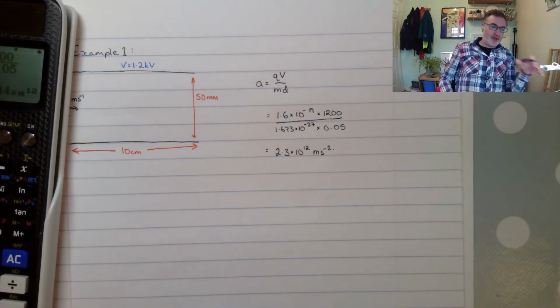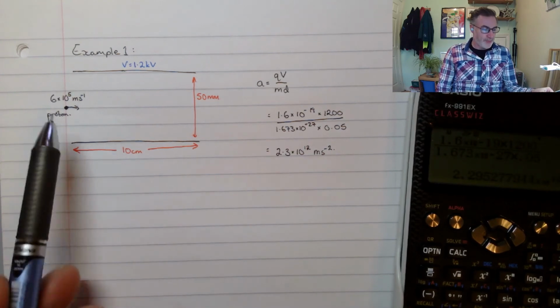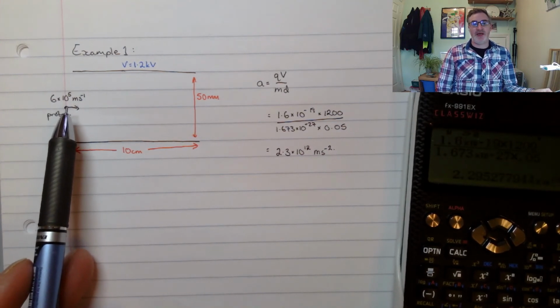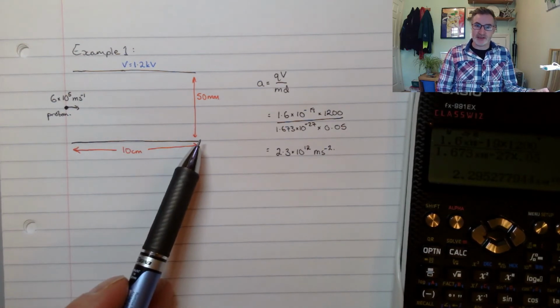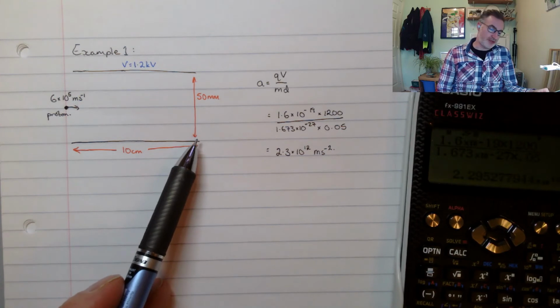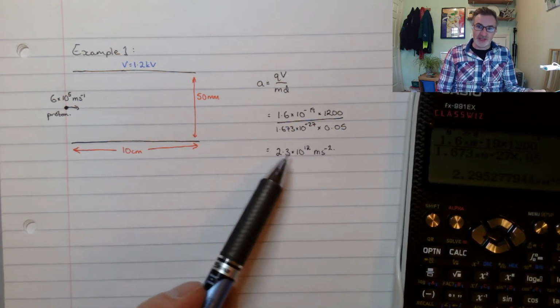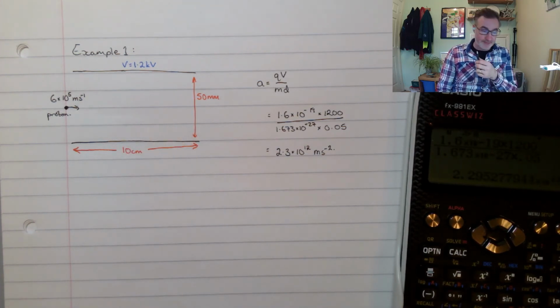But what you've got to remember is that although that's a phenomenal acceleration, the particle is moving at 600,000 meters per second, and the time that it's going to take to cover 10 centimeters is going to be minuscule as well. And so this acceleration is not going to be that dramatic, I guess, given the level of time that it's going to be moving through there.